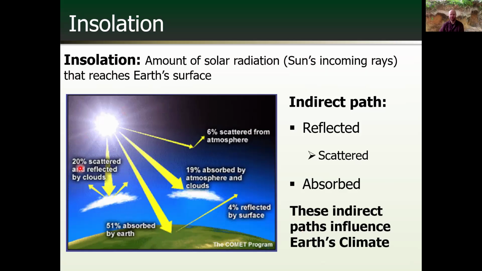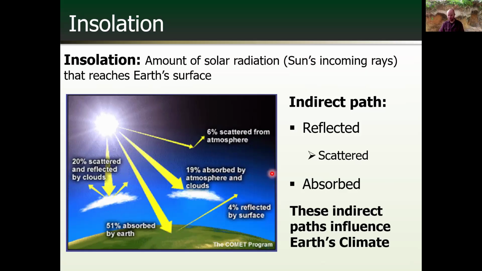And so these collectively add up to, or at least reflection and absorption are, the indirect paths of energy. And in a little while, we'll explore what percentage of solar energy can pass all the way through the atmosphere and reach Earth's surface as direct radiation. Some radiation from the sun does in fact make it all the way to the surface as direct radiation in the form of shortwave radiation.